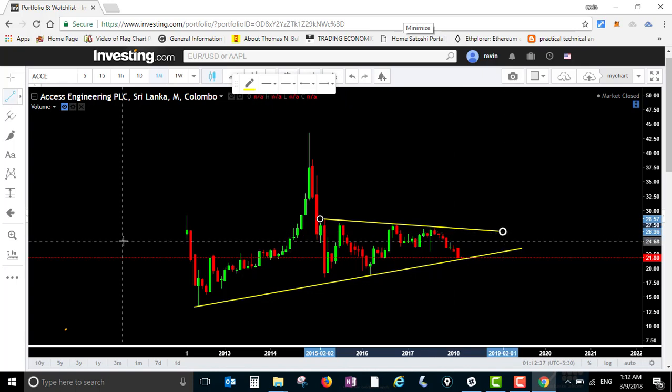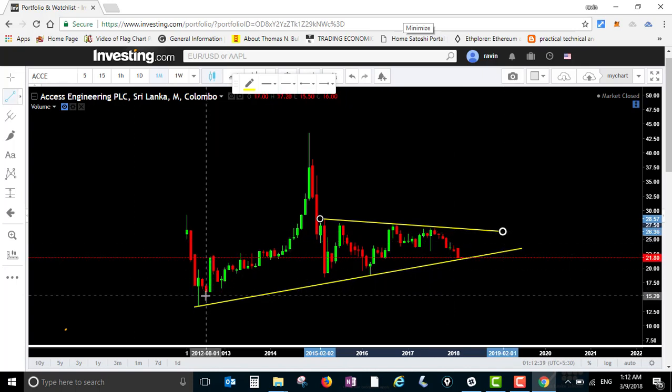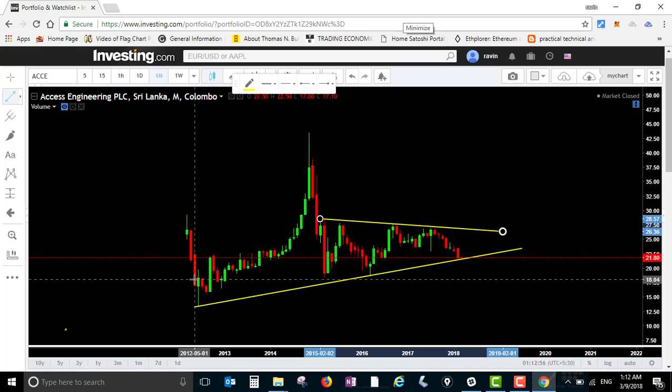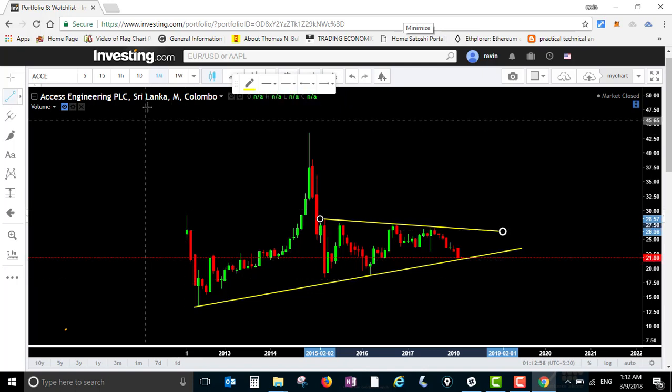This is the basic structure. Within this structure, you may not see all the patterns. So whatever patterns you see with your eyes, you want to draw, and then drill down to a lower time frame. Now I have done the 1 month chart.